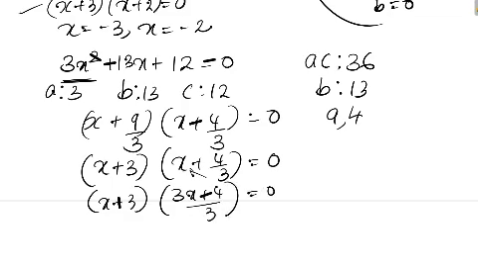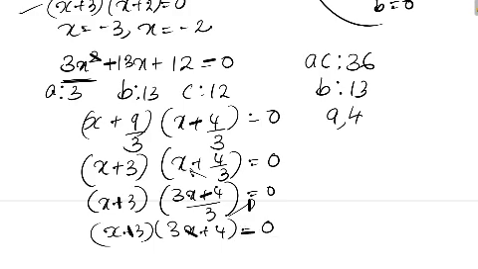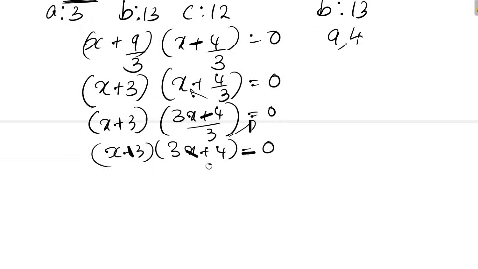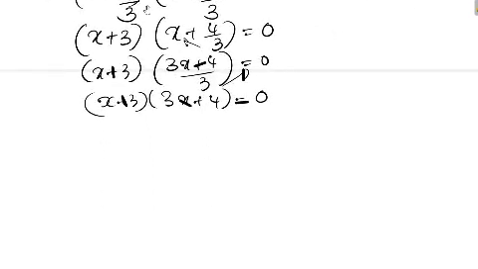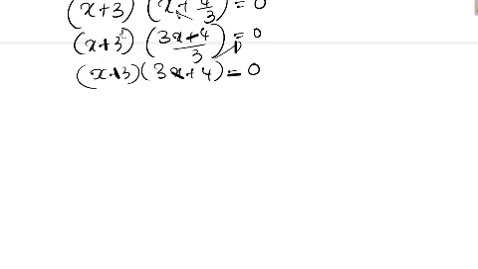This 3 is in the denominator, so when you take the cross product, this becomes x plus 3 into 3x plus 4 is equal to 0. When you practice more and more questions, you can skip this step and just write x plus 3 into 3x plus 4 is equal to 0, because the denominator goes to the other side and becomes 0.